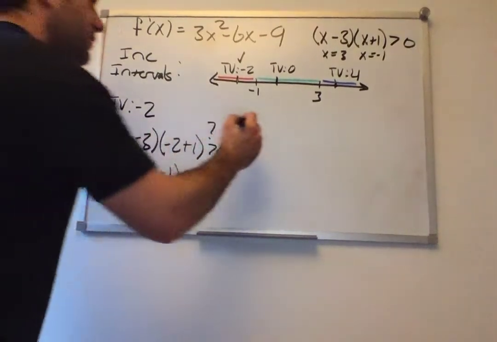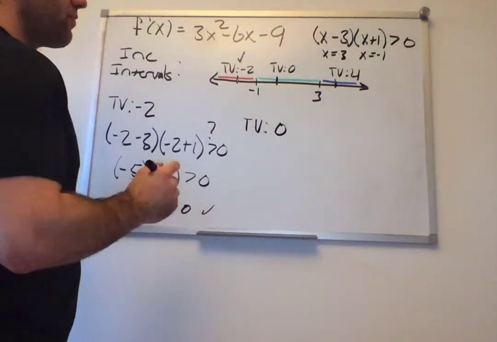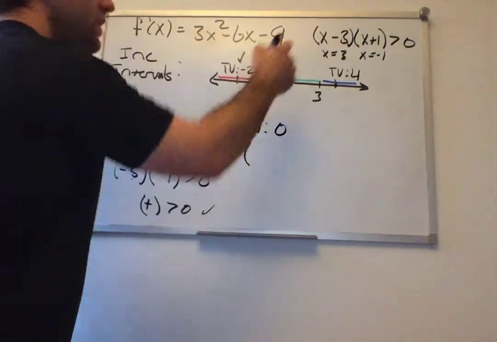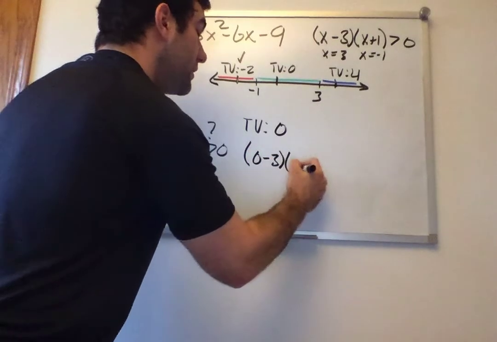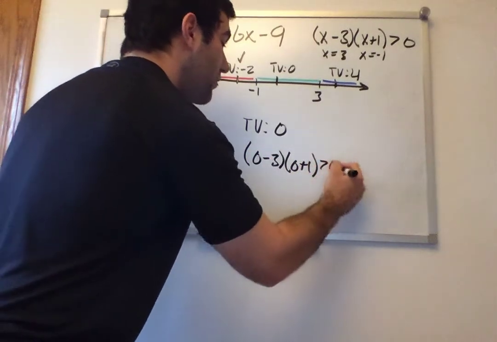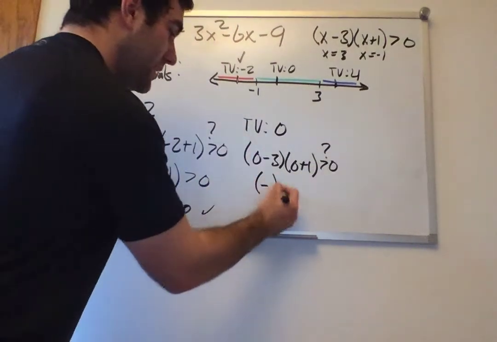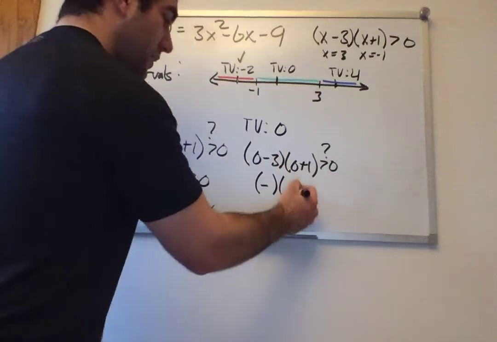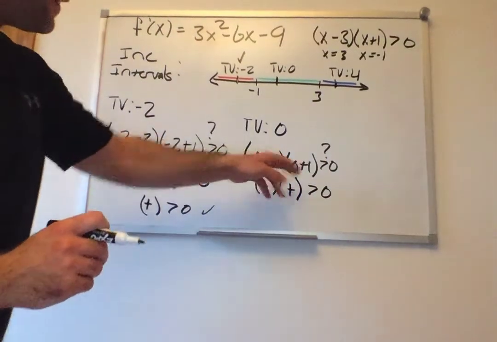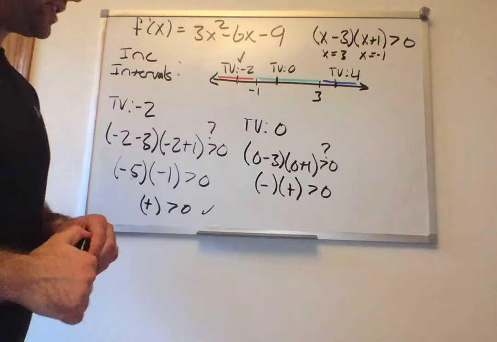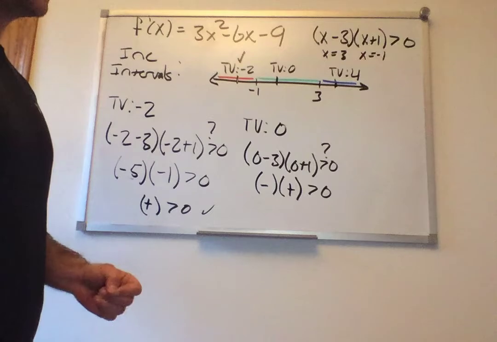Now we do it again. Test value, 0. So if I plug 0 into here, you're just going to get 0 minus 3, 0 plus 1. Is that greater than 0? Well, here, 0 minus 3, that's a negative number. 0 plus 1, that's a positive number. I'm not finding the actual numbers here. I'm just thinking in my head, 0 minus 3, that's going to be -3.